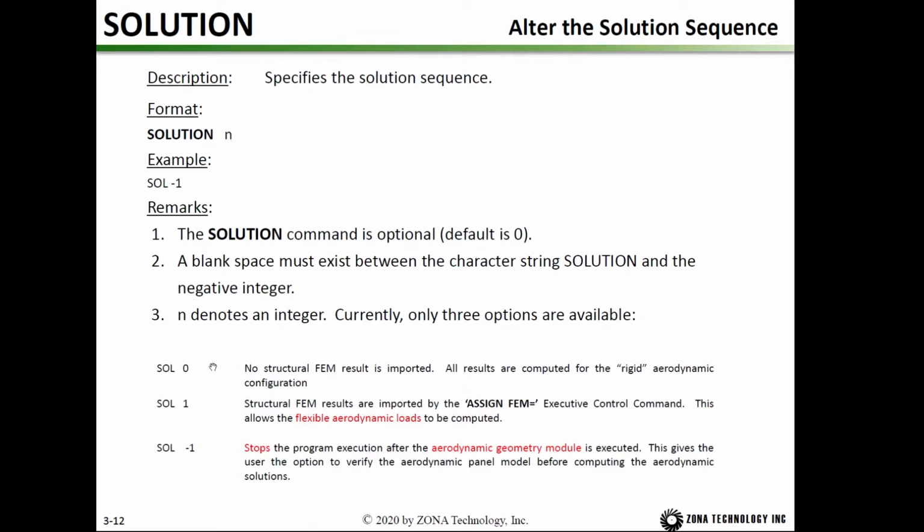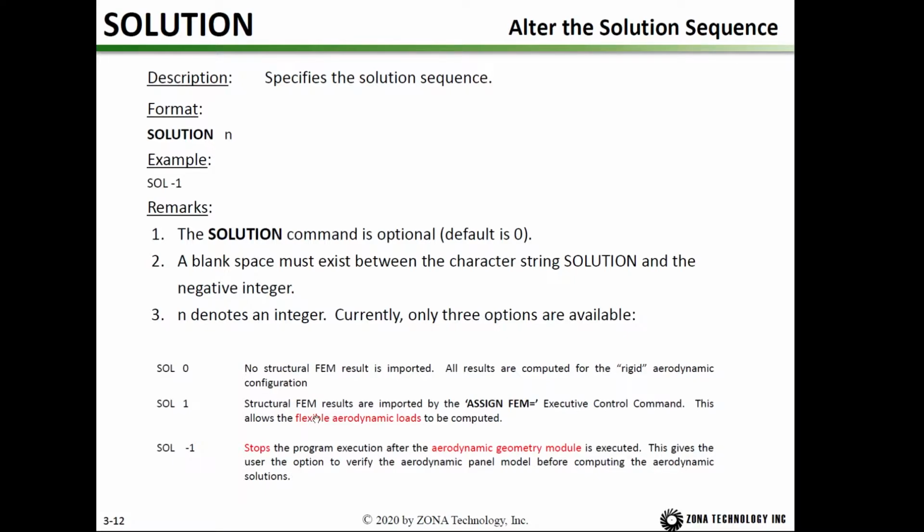If it's specified 0, that means you don't want to import any structural finite element solution. Therefore, the aerodynamic result is for the rigid aerodynamic model. If you say solution 1, that means you want to perform static aeroelastic analysis.